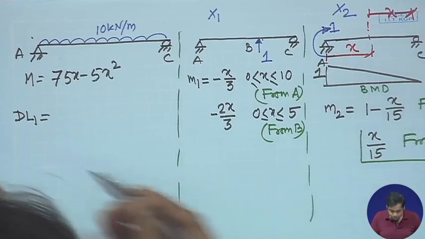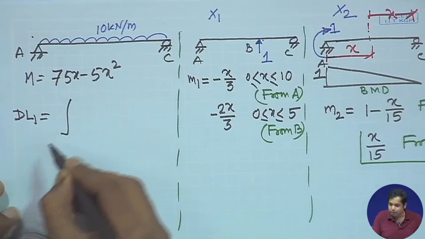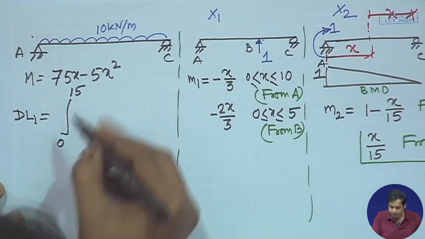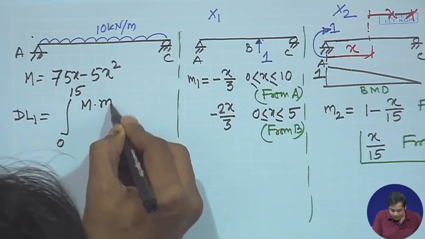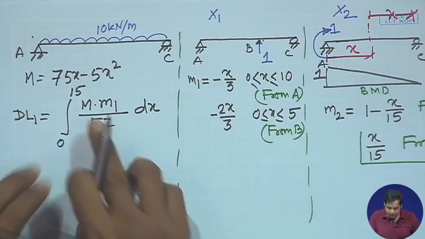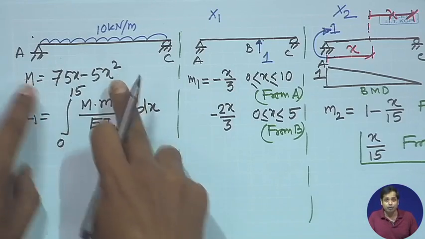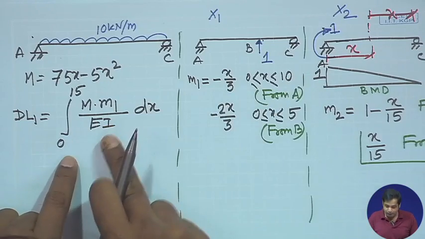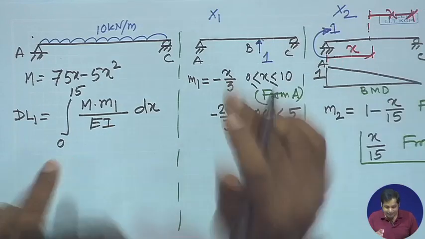From the unit load method, DL1 will be the integral from 0 to 15 of m into m1 by EI. We know the expression of small m1 is this, and if we do that, it is exactly the same.